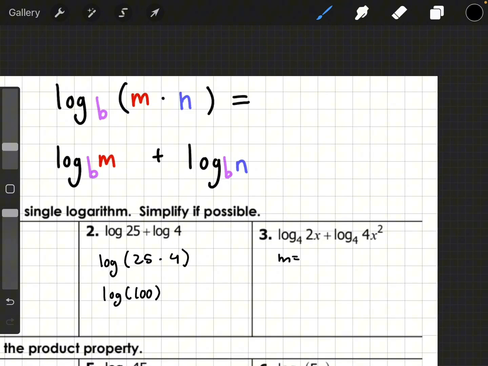Then m equals 2x, n equals 4x squared. Log base 4 of m times n is log base 4 of 2x times 4x squared, which is log base 4 of 8x cubed.